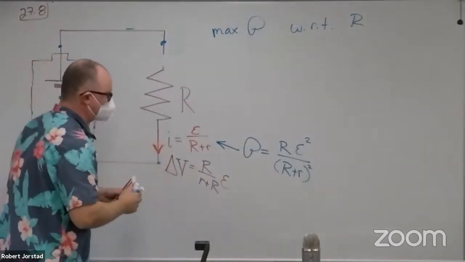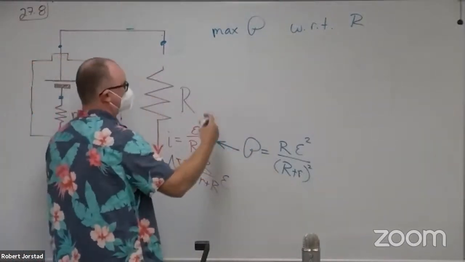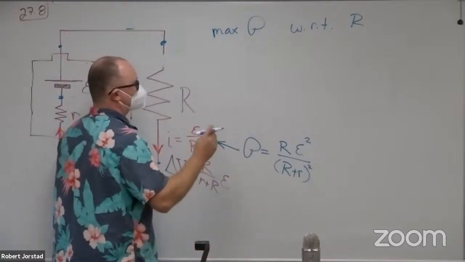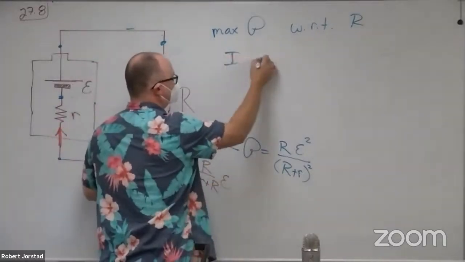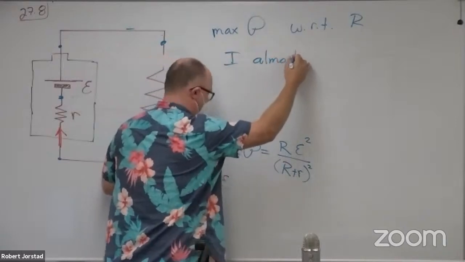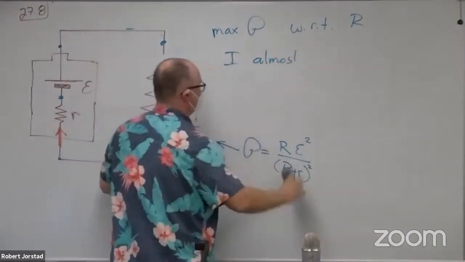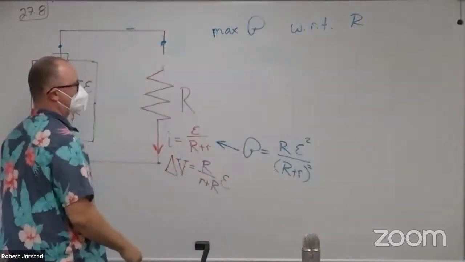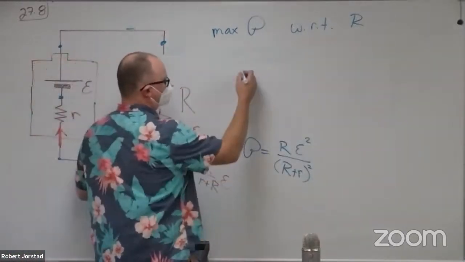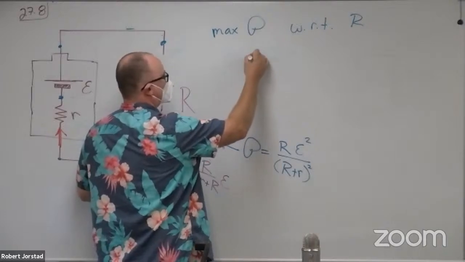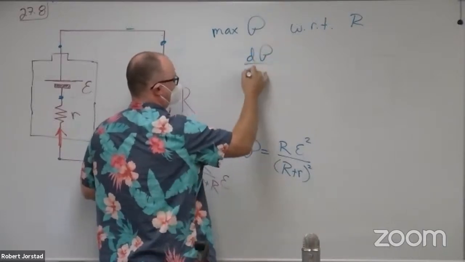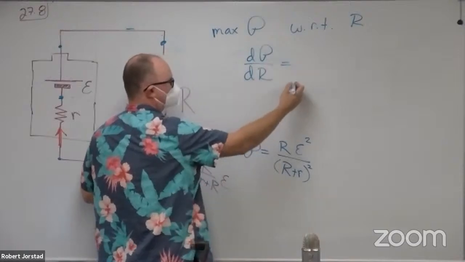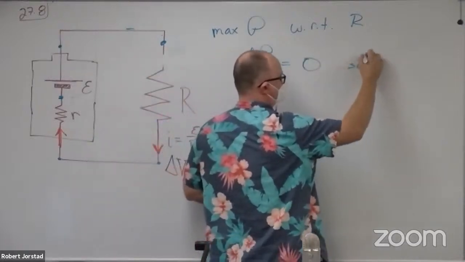Tell me what I need to do next. Tell me what to write. I almost failed Calc 2. That doesn't help. Sorry, I thought it would. All right, somebody else, tell me what I need to do. Derivative of what? Power with respect to R. All right, there we go. Now you're talking. Set it equal to 0, solve for R.